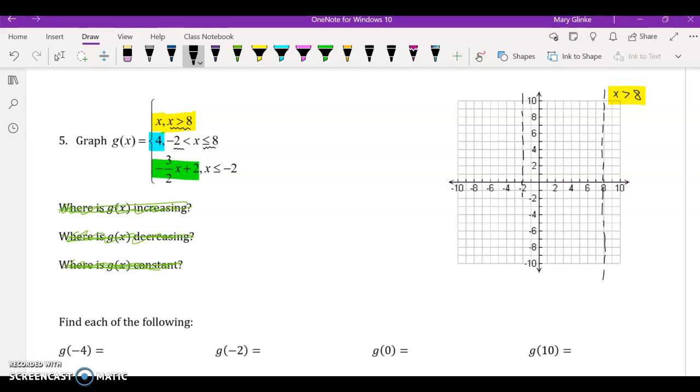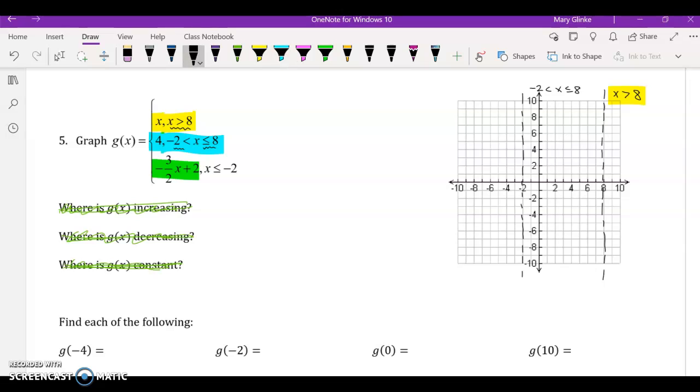So here we're going to chop our graph at negative 2, and negative 2 is less than x, which is less than or equal to 8, means everything in between negative 2 and 8 is what we're going to want to graph for that blue line. So you would graph the whole blue line, and then you would chop it off at negative 2 and 8 and just have that middle section.